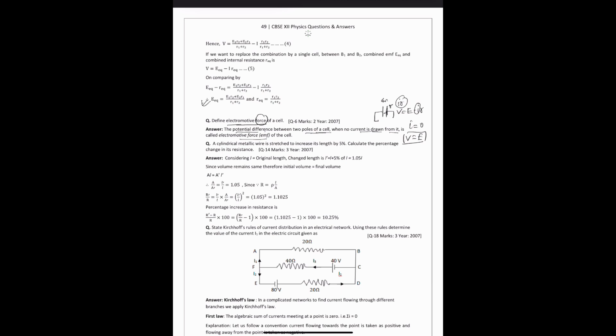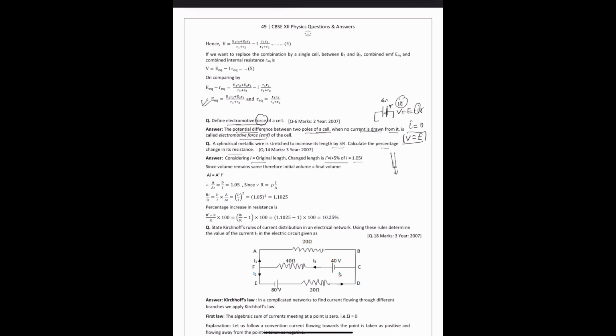Now, a cylindrical metallic wire is stretched to increase its length by 5%. Calculate the percentage change in its resistance. So initially L is the original length. Now the change in length is 5% of L, so the new length is 1.05 L. Now the area also changes, because if you increase the length, the wire will be thinner.